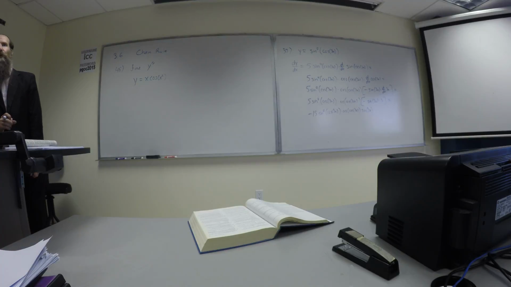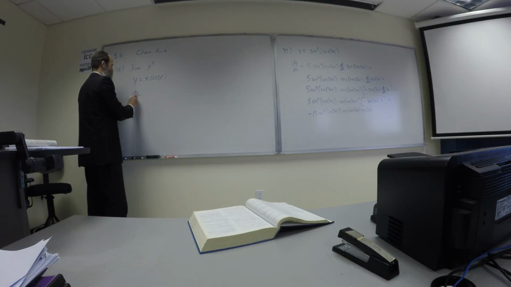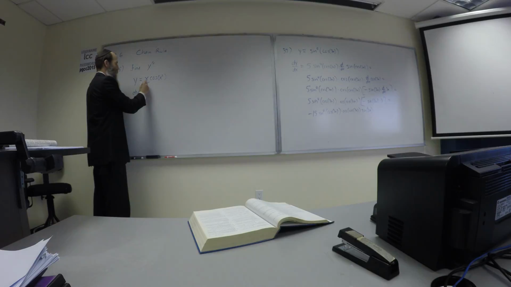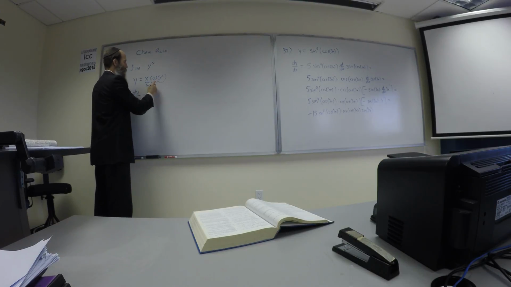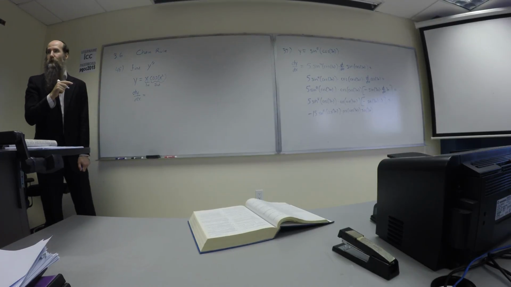So what is the outermost thing which is happening in this function? Not composition necessarily, but the outermost operation. That's right. So the first thing you're going to do is product rule. Always look at that most outer thing. So dy/dx is going to be, if we call this one first and this one second, when we differentiate the second in this product rule, we're going to do a chain rule.